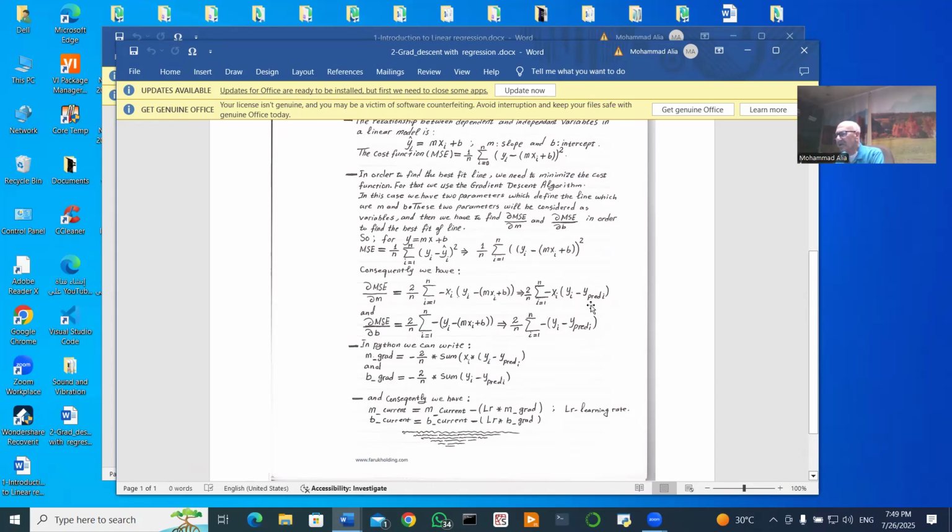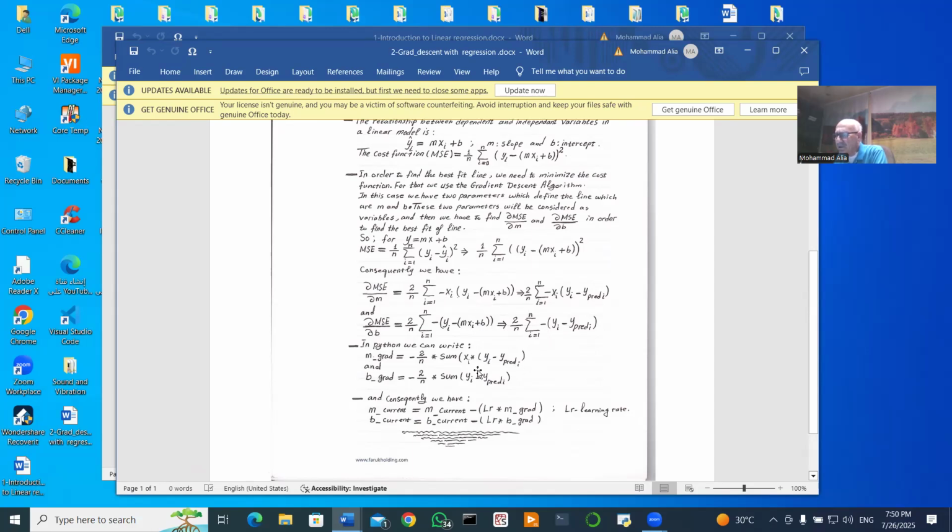So y minus y predicted, multiplied by minus xi, for each point, and you multiply by 2 over n, you get the differential of the mean square error by m. The same approach we use to find the differential by b. It's the same expression, except that we do not have minus xi here.